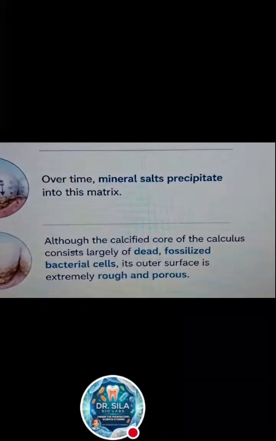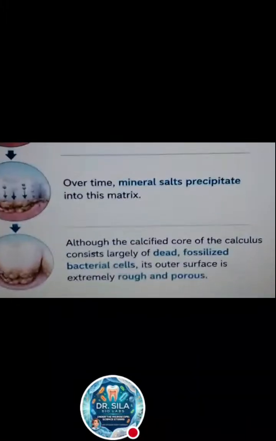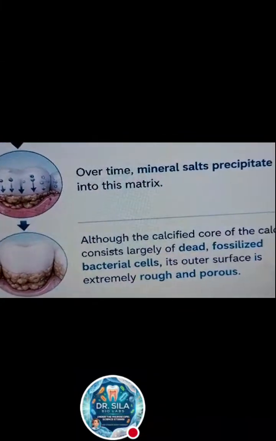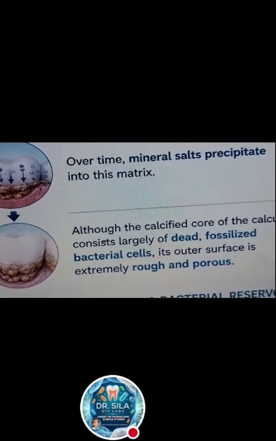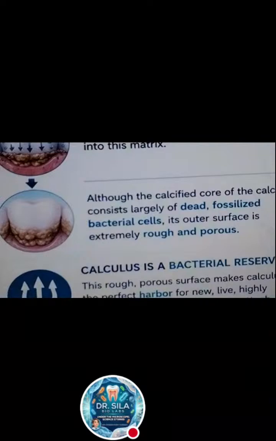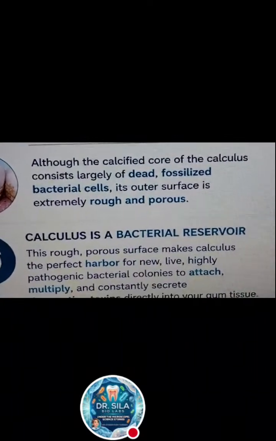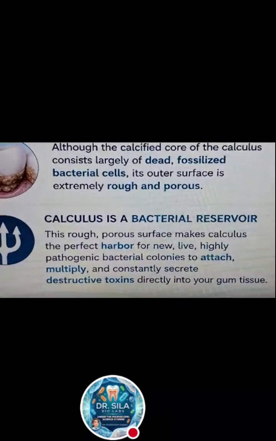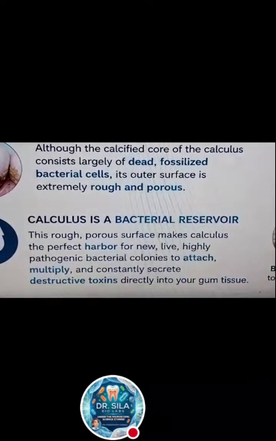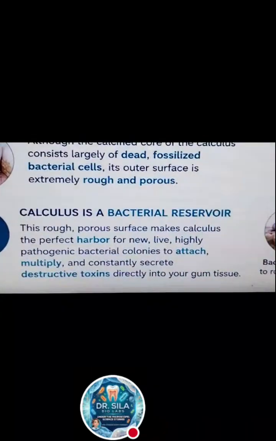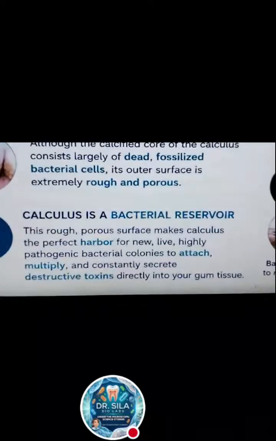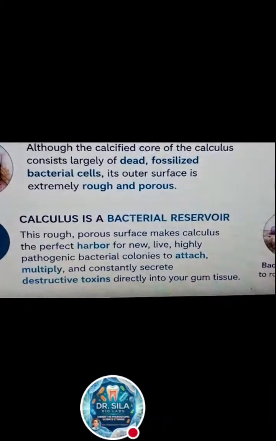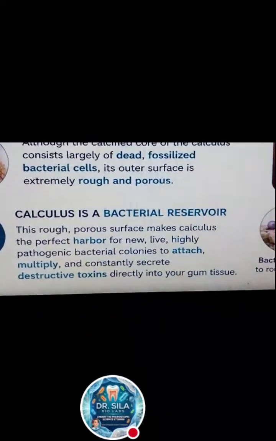Although the calcified core of the calculus consists of largely dense fossilized bacterial cells, its outer surface is extremely rough and porous. Calculus is a bacterial reservoir. This rough, porous surface makes calculus the perfect harbor for highly pathogenic colonies to attach, multiply, and constantly secrete destructive toxins directly into the gum tissues.